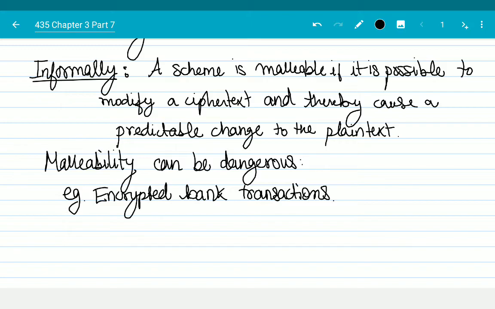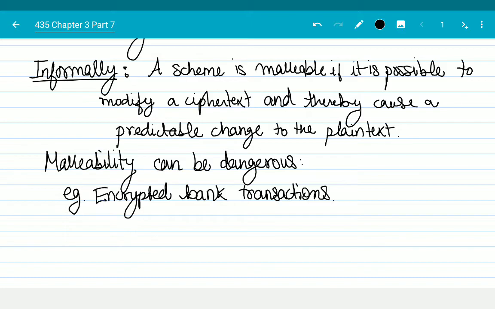Suppose I don't know the exact message that is being sent, but I know what the message looks like. Maybe I can change the ciphertext and change the transaction happening. I don't want such a thing happening, so it is better if my system is not malleable.